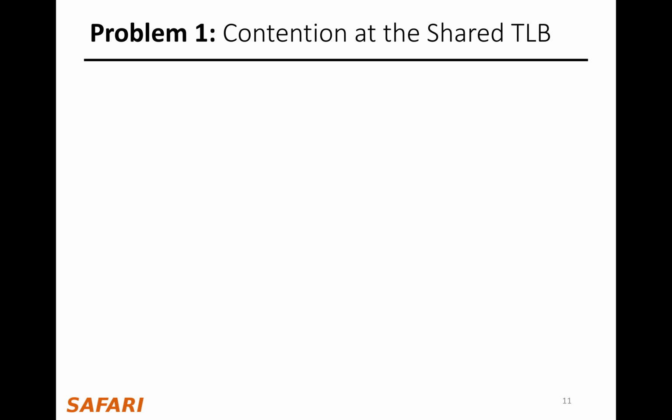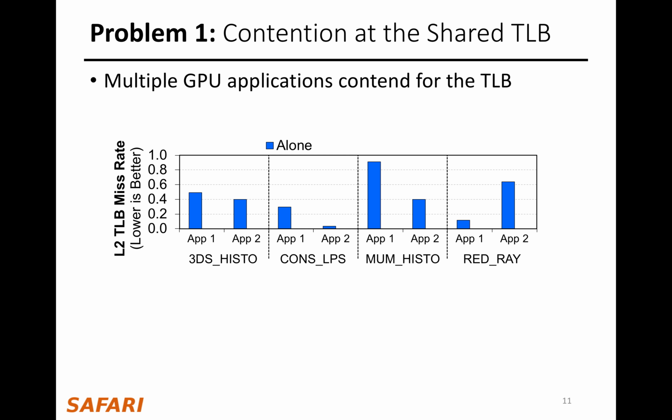The first problem we found is there's a lot of contention at the shared TLB when multiple GPU applications contend for this shared TLB. On this plot here, I show the L2 TLB miss rate, where lower is better, comparing when the application is running alone, as shown in this blue bar here.